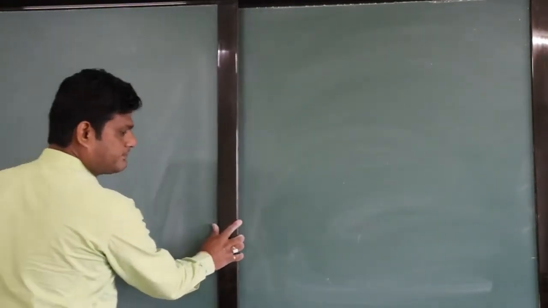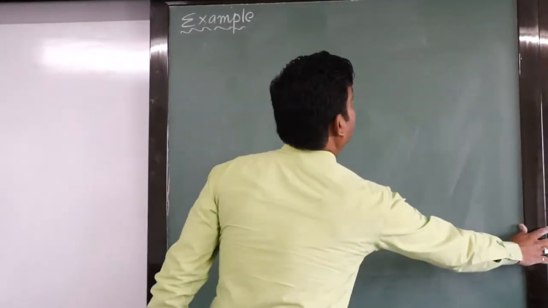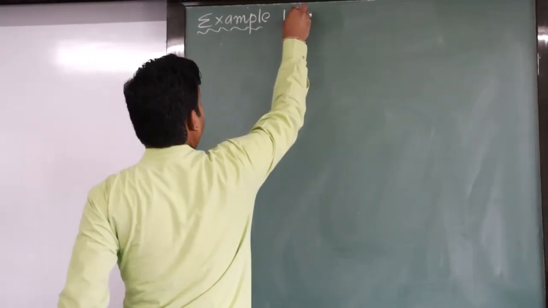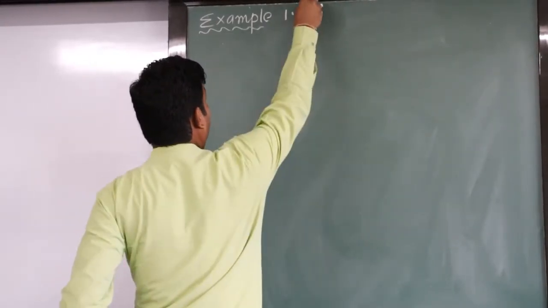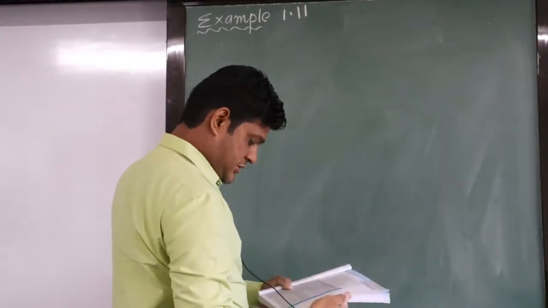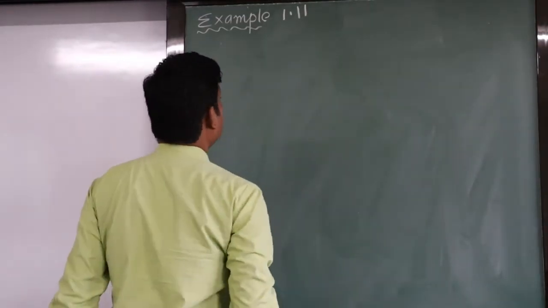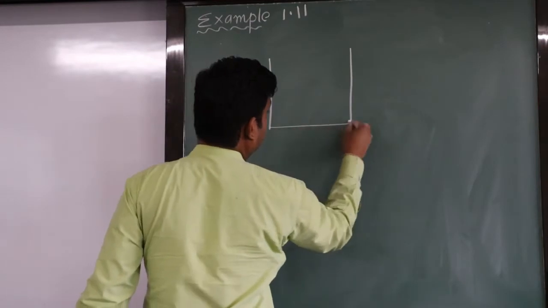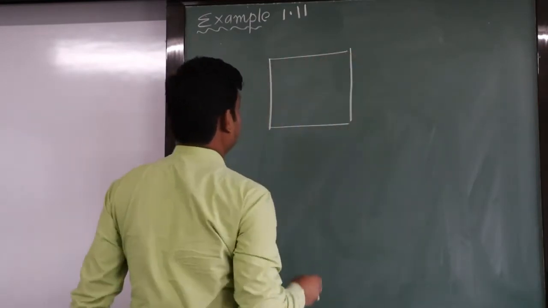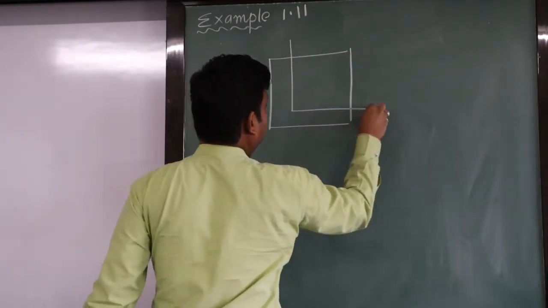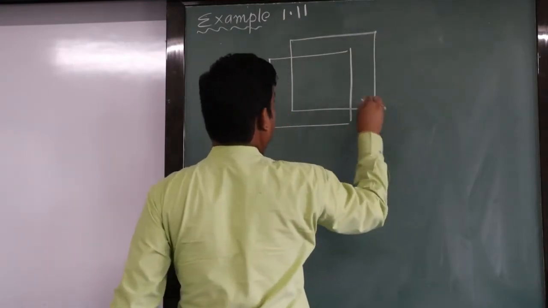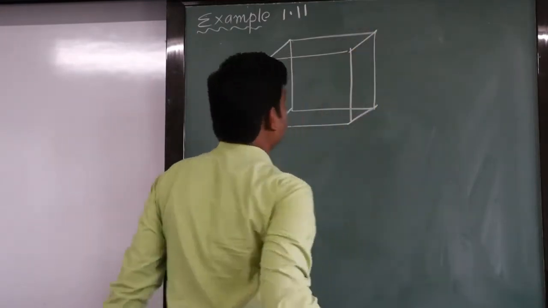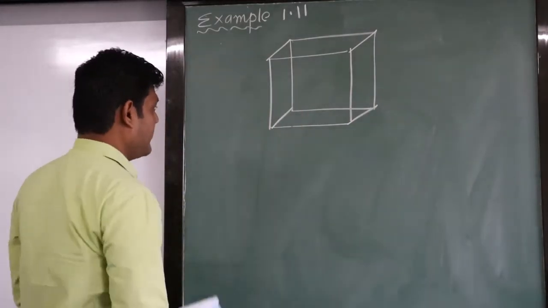On page number 35 of the textbook, the box is given. This is the box, students. It is a cube, we can see that, right? All the sides are the same.